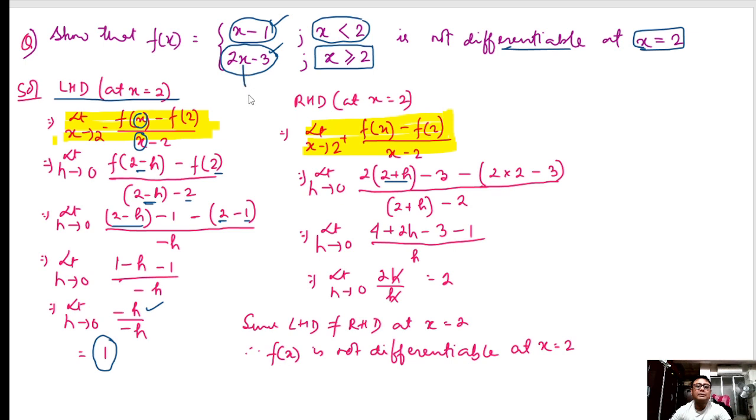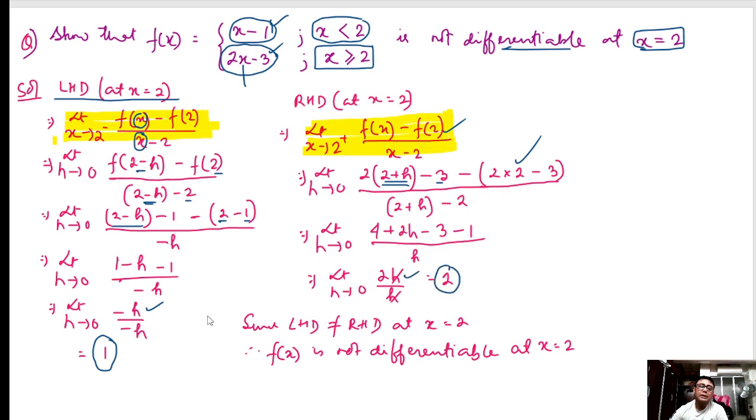In place of x I will write 2 plus h. So this is 2x minus 3, and for f(2), in place of x I will put 2. So the calculation comes out to be this. h cuts, it is 2.